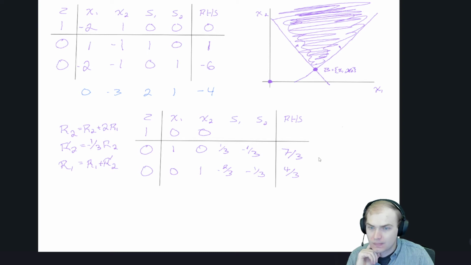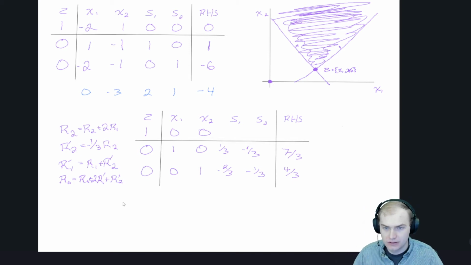And then we still have to cancel out the objective row. So we're going to have a row 0 equals row 0 plus twice row 1 plus row 2. I'm going to call these prime, just for clarity.